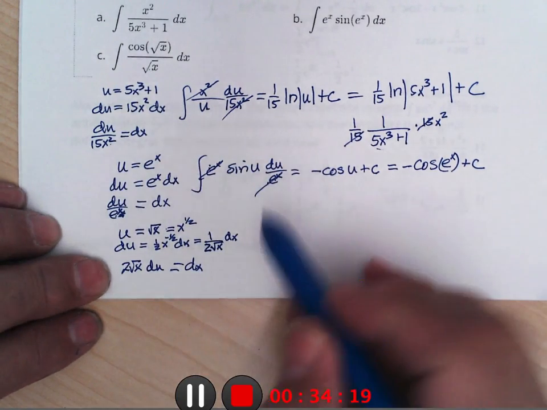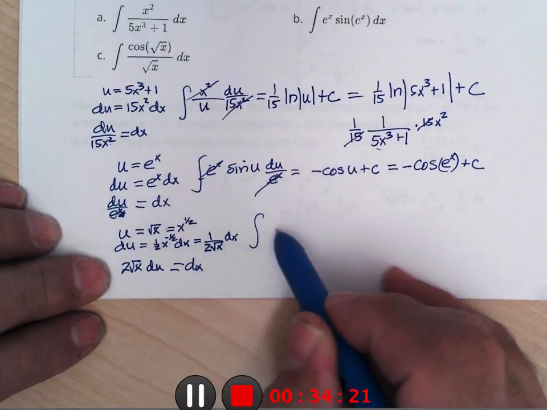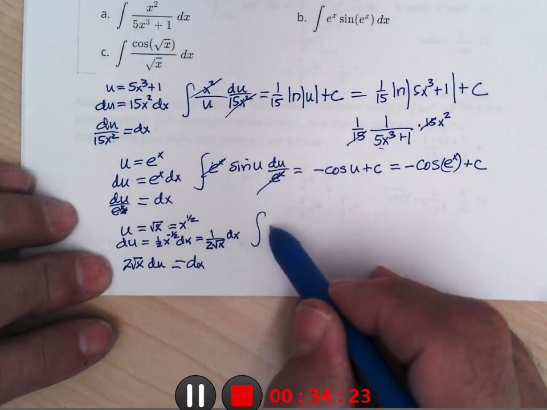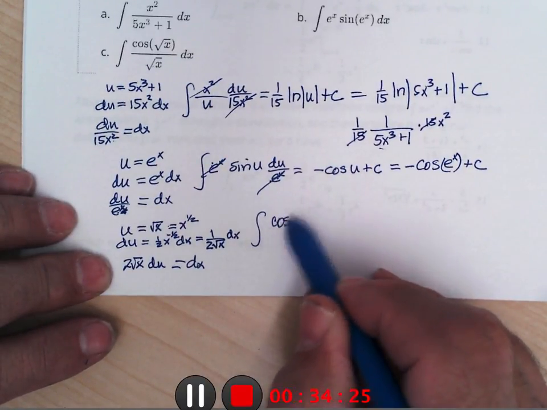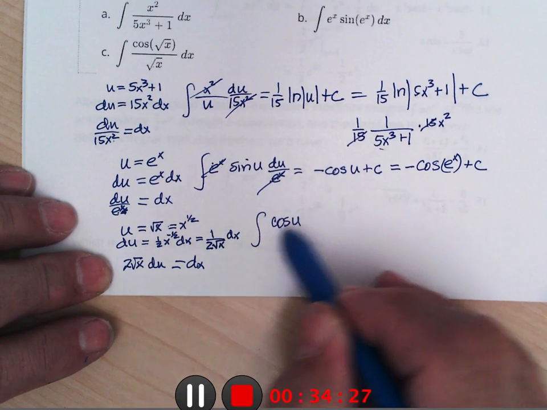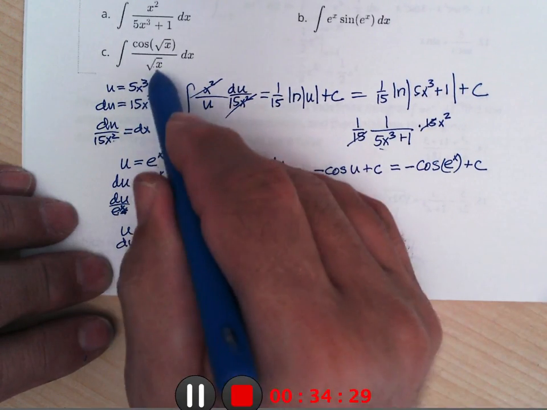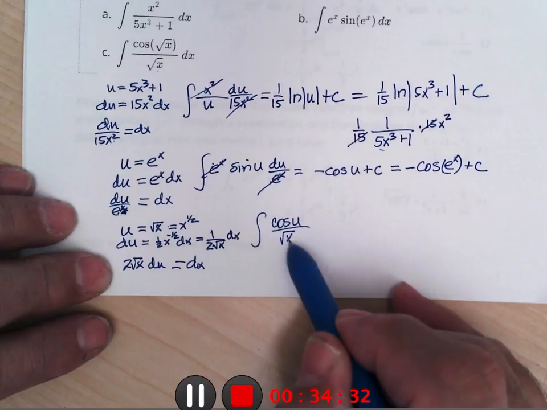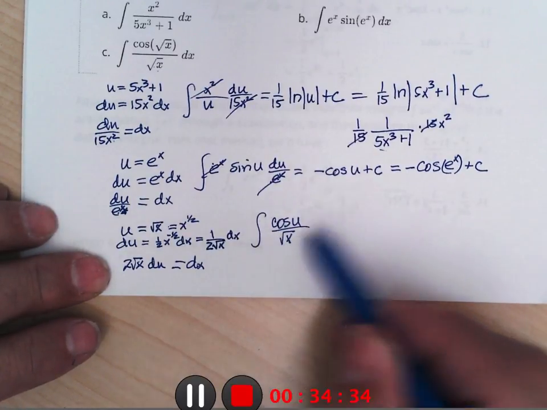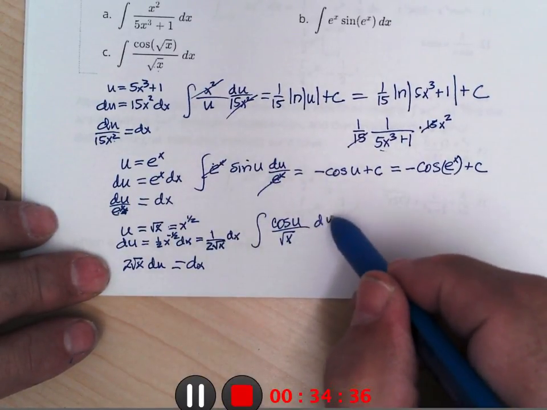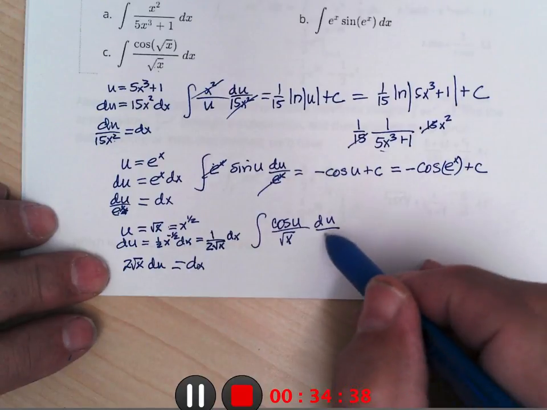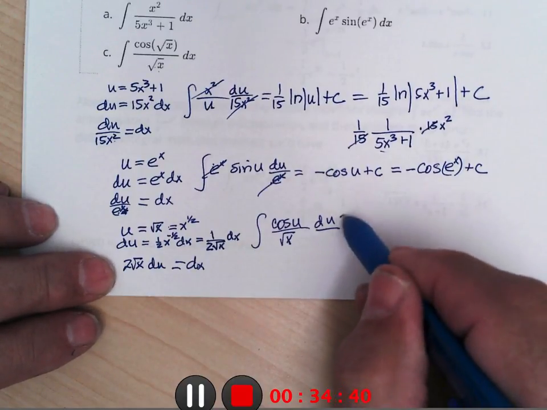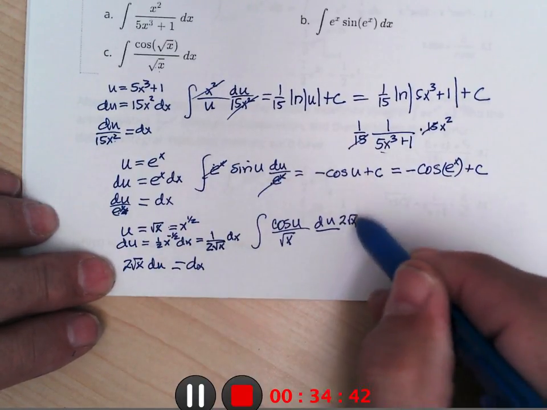So this becomes the antiderivative of cosine of u over the square root of x, which is also u, but then I have du times 2 square root of x, and the square root of x is canceled.